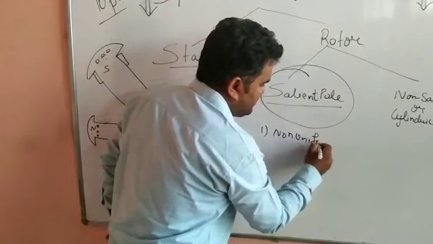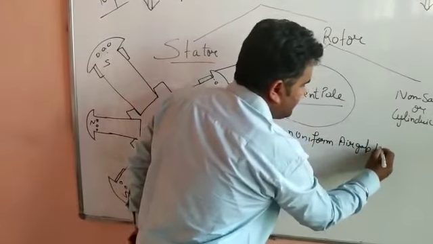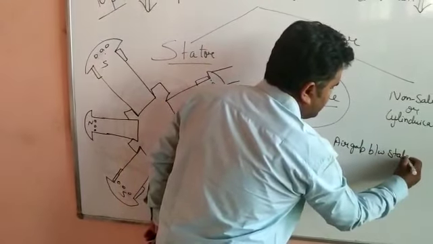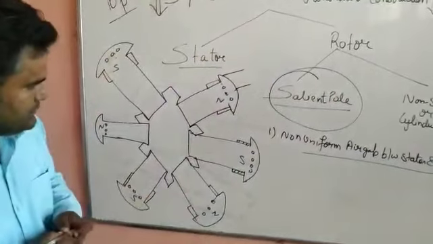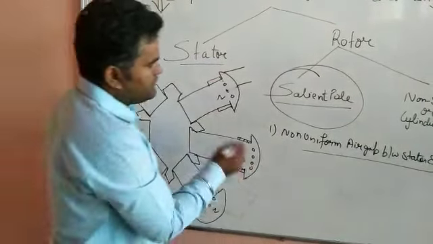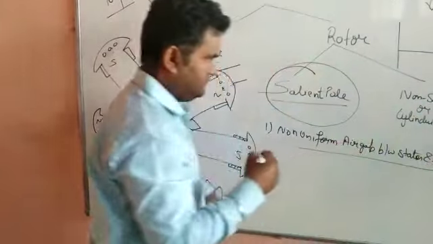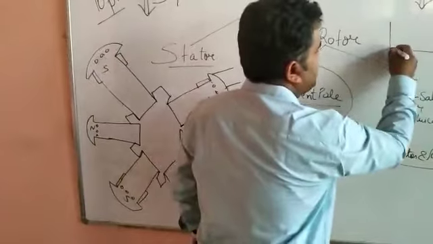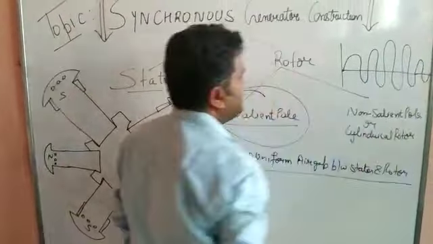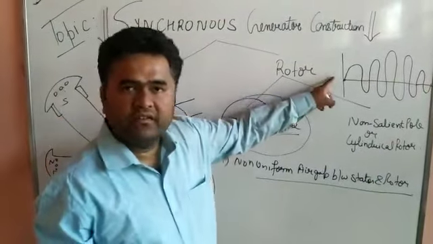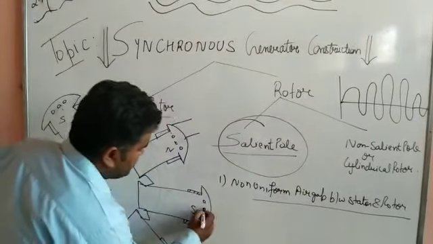First point I am discussing, uniform air gap between stator and rotor. What is happening because of it is that the waveform so generated, suppose it is like this, non-uniform. Okay, now in order to finish these waveforms, because of the field, we will use this damper.